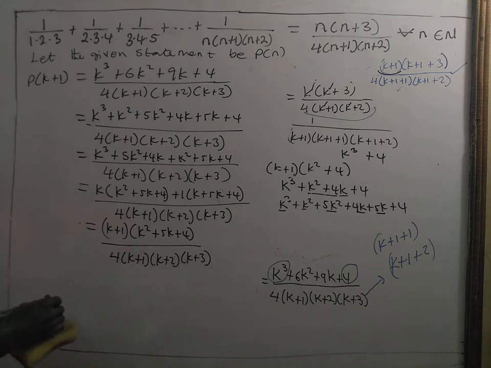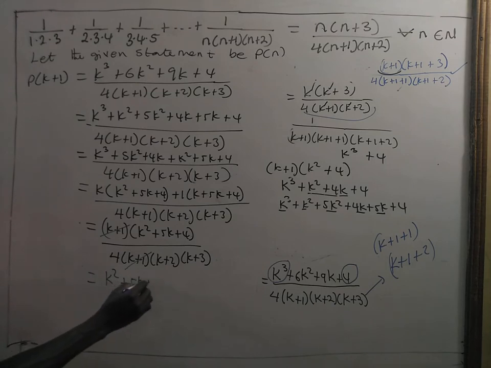And you see that this k plus 1 has cancelled this k plus 1 out. Are we going to get the k plus 1 here again? No problem. Let's see. We have k squared plus 5k plus 4 all divided by 4 times the down one.